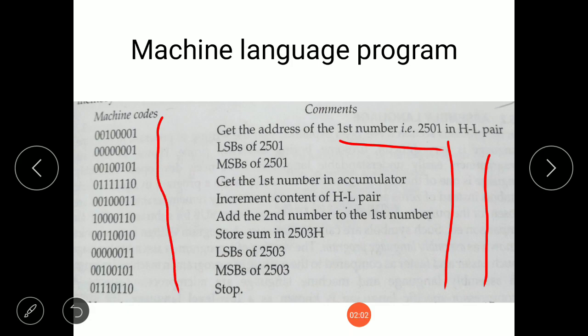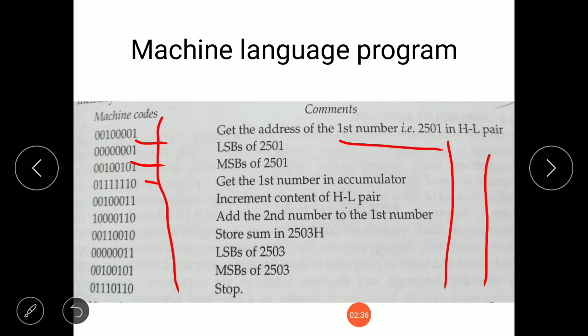A program written in the form of zeros and ones is called a machine language program. In this slide I have written a machine language program for adding two numbers placed in two memory locations 2501 and 2502, and the result is placed in the memory location 2503. So this is the machine language program written in the form of zeros and ones.